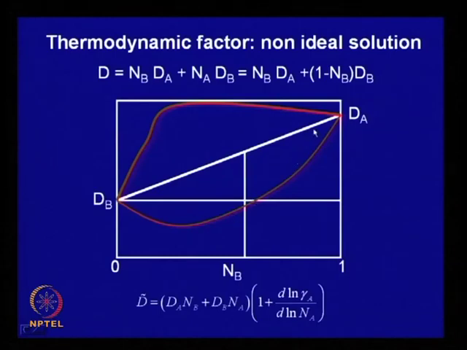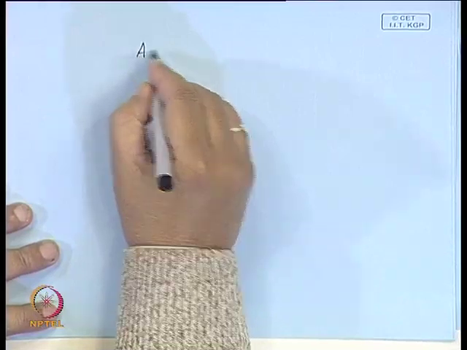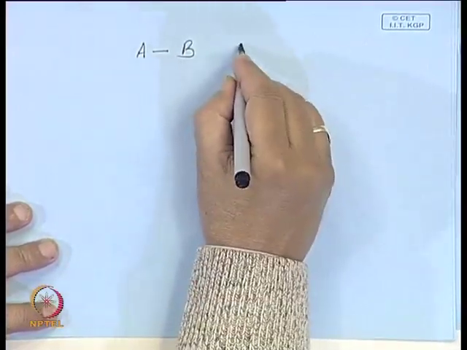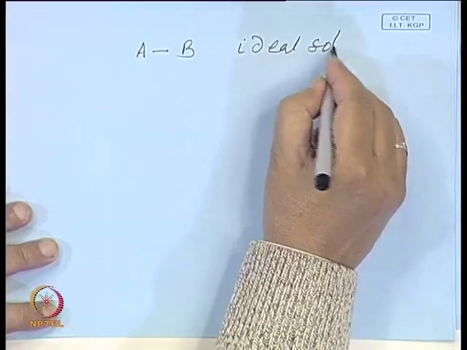And why do we get it? This is because when we derived this expression, we made an implicit assumption, and that assumption was that the two metals A and B form an ideal solid solution. That means the binary system of A and B is an ideal solid solution.